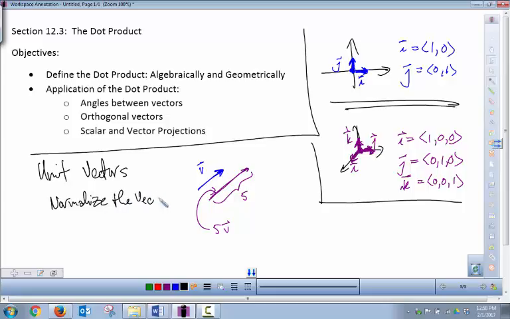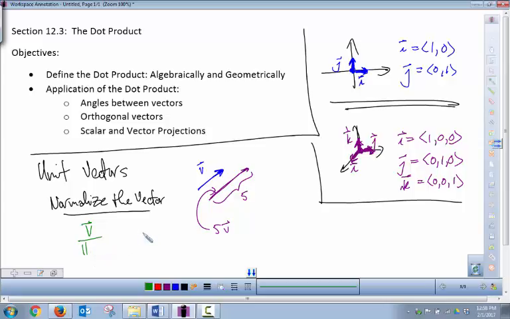And the idea behind normalizing the vector is to get it so that it's unit length, so that we can deal with a problem like this where we can just multiply by the number that we want the length to be. So we normalize the vector by taking a vector v and then dividing it by its magnitude.